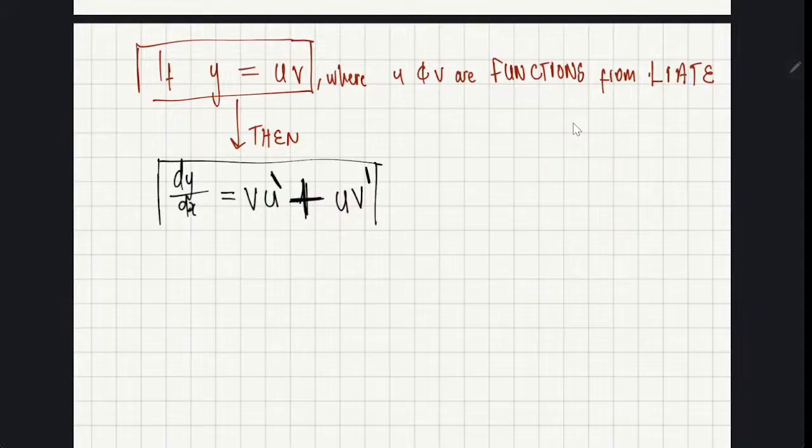So you're going to need to practice now. Second times derivative of the first plus first times derivative of the second. I'm going to show you application of this, but you must use this, okay?